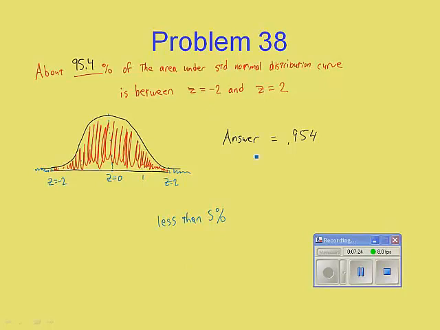So when I say the area is 0.954, by the way, what's the total area under the bell curve, we said? It has to be 1 because it's a probability distribution. So, yeah, that's 95% of the total area in red here.